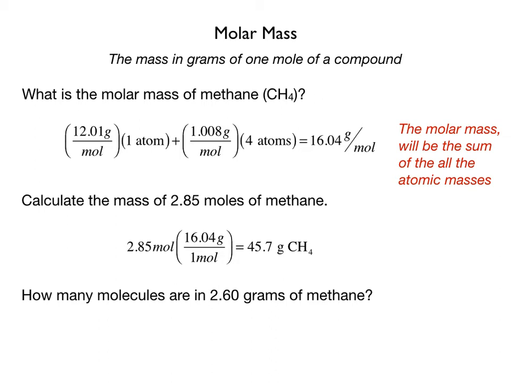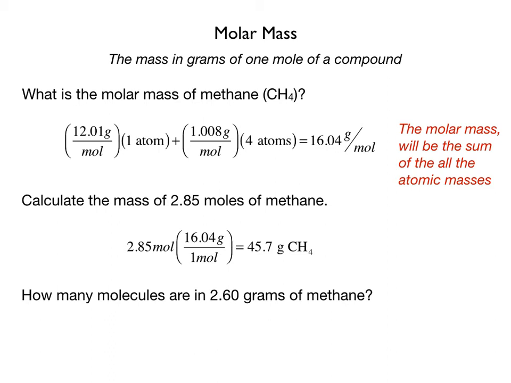On the other hand, if we have a problem that says how many molecules are present in 2.60 grams of methane, note this is actually a 2-step conversion. We first have to convert grams to moles, and then once we have moles, we can go to the number of molecules using Avogadro's number.